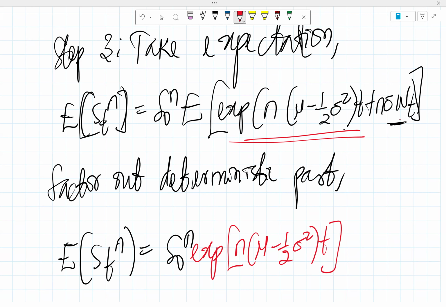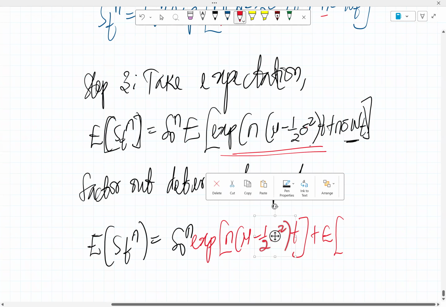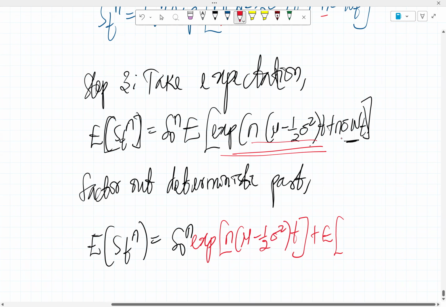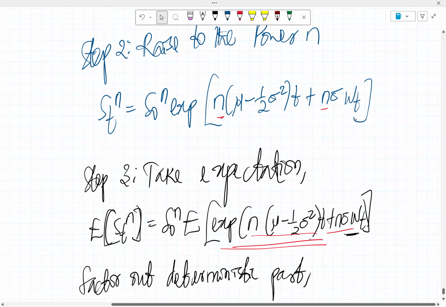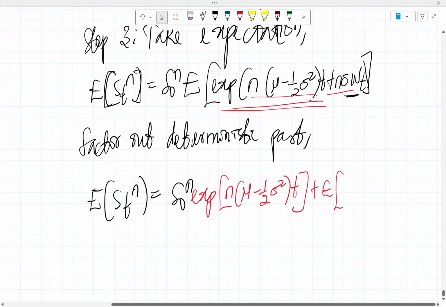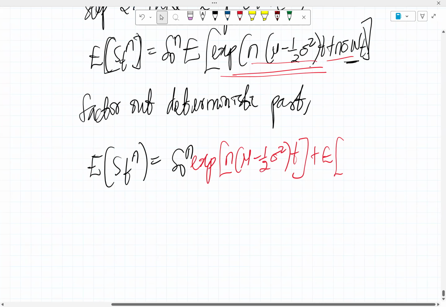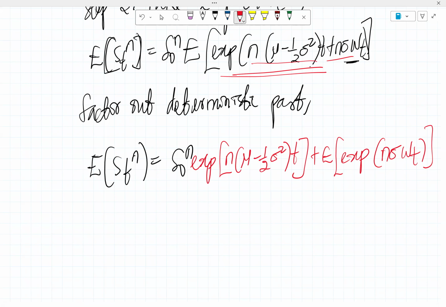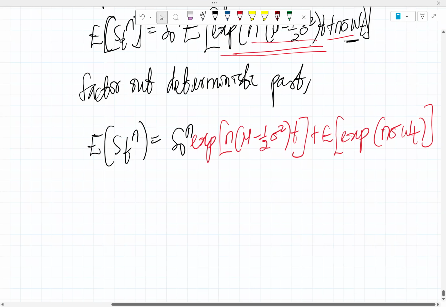Because expectation is only going to affect the Wiener process, we then have the expected value of the exponent of n sigma W_t, like this. With that in place, we continue to tidy things up.